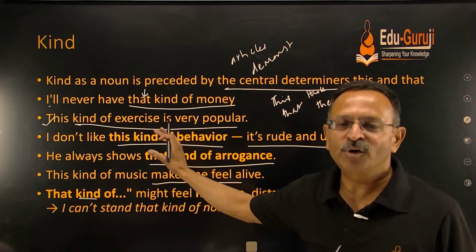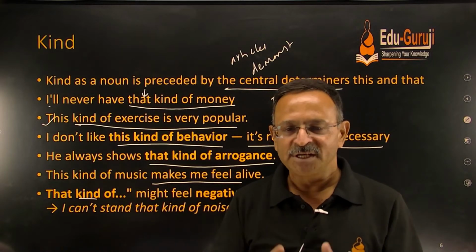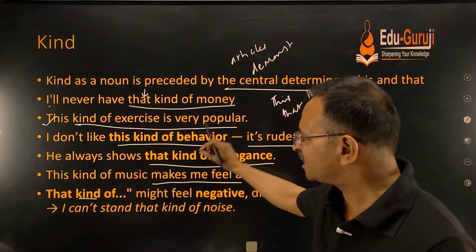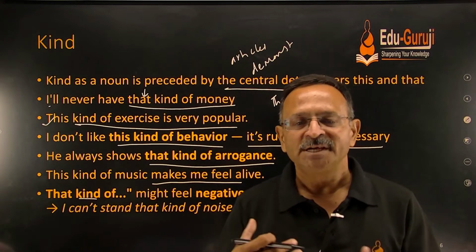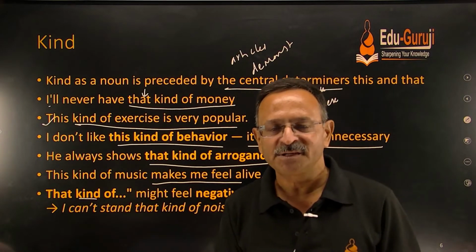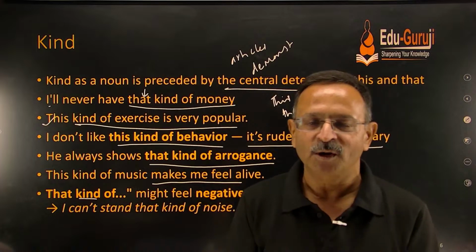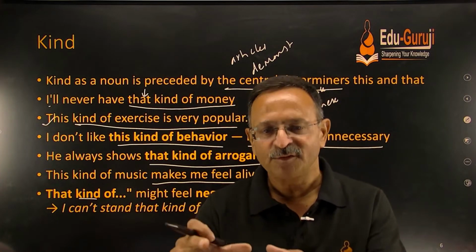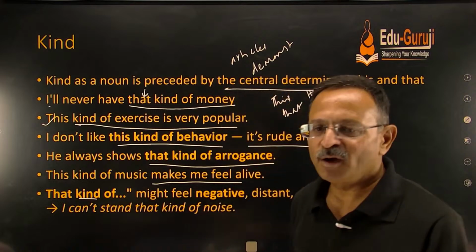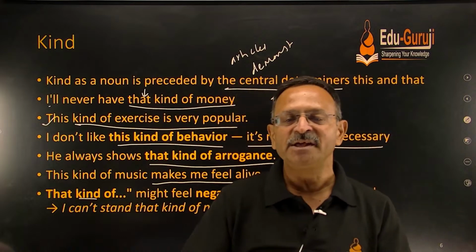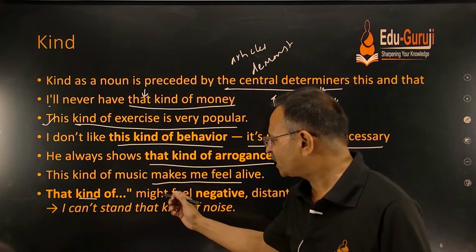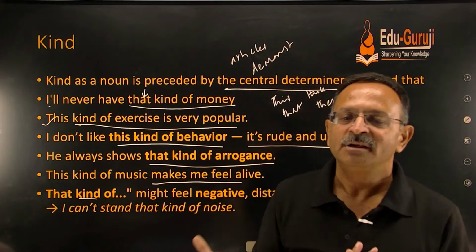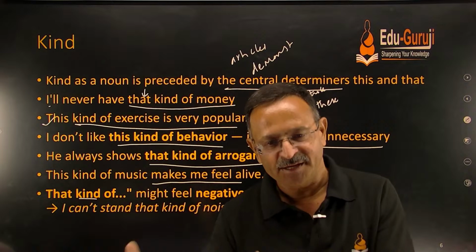So what would be the difference between these two, this kind and that kind? This kind, as you know, the determiner this we always use to talk about something which is near and something which has a focus. Right now we are focusing. So it talks about the immediacy. And when we are talking about that, it is talking about something negative in the sense.